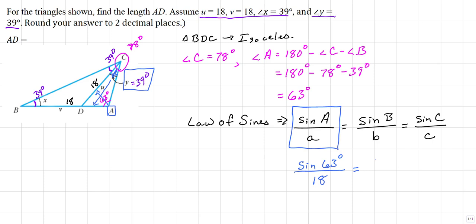So that means that the sine of 39 degrees over the length AD is the ratio. And now I want to solve for AD.